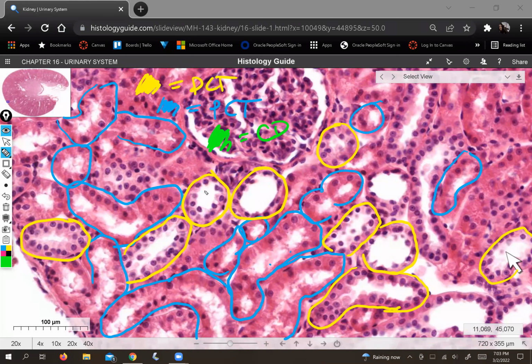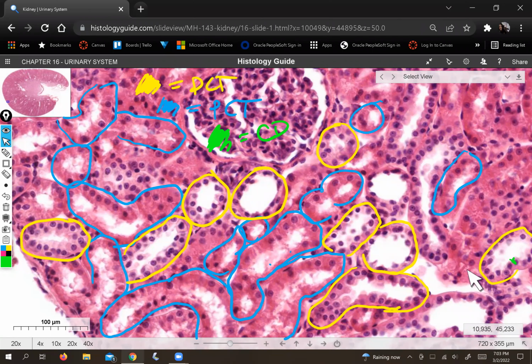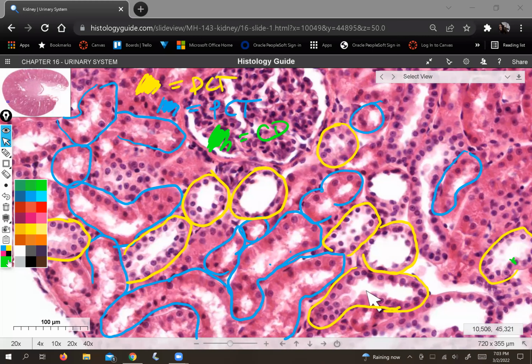So you can see for all of these, we're looking at tubes that are cross-sectional, semi-cross-sectional. So here's cross-sectional almost entirely. Here's semi-cross-sectional or oblique sections, but they're pointed in all different directions. And then you get these other tubes which look similar, but they're definitely pointing away from the surface and down towards the medulla.